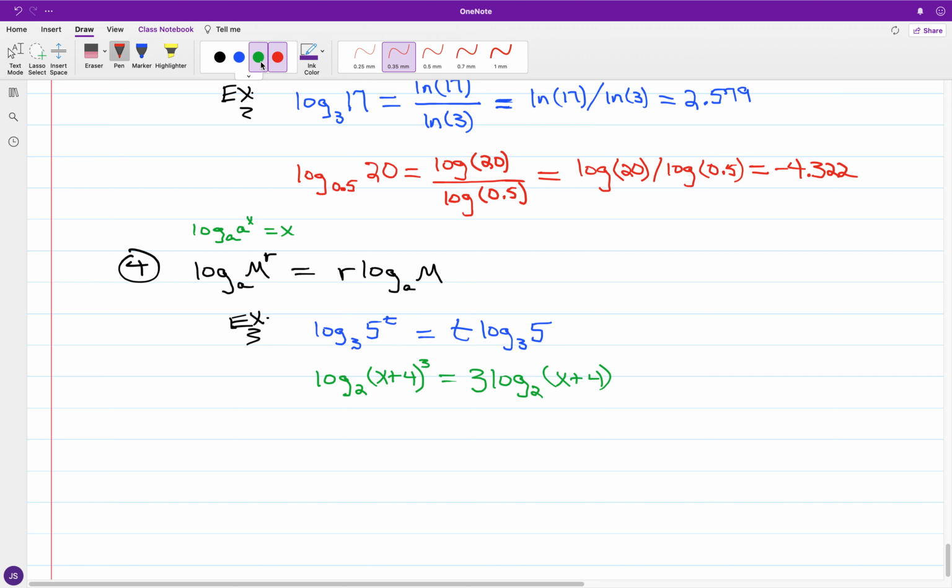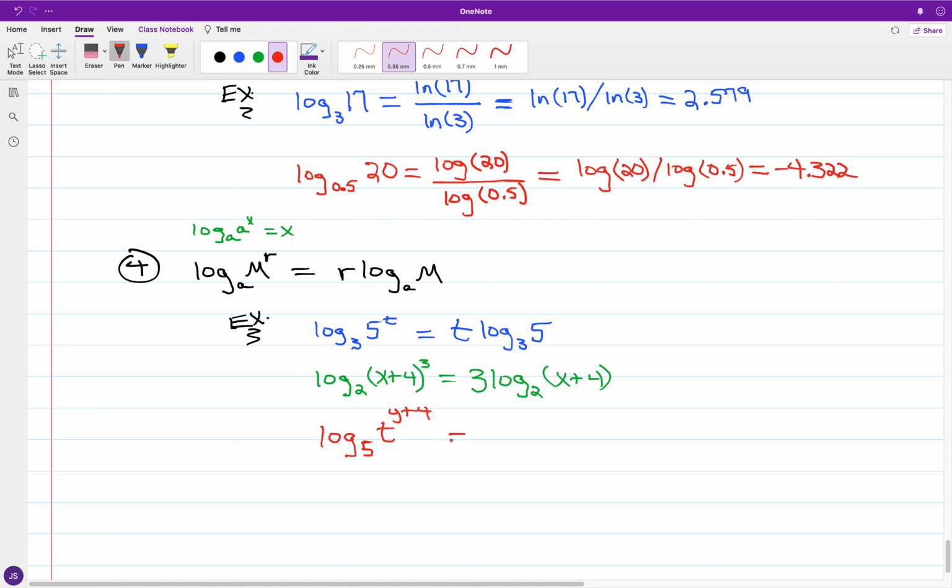And let me stress this remaining part here. Let's say I had a binomial as an exponent, and I have base 5 logarithm of t raised to the y plus 4.